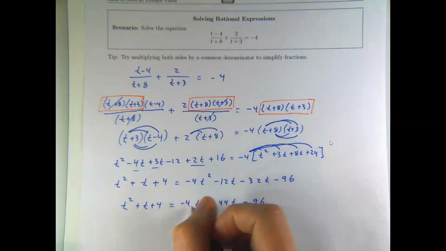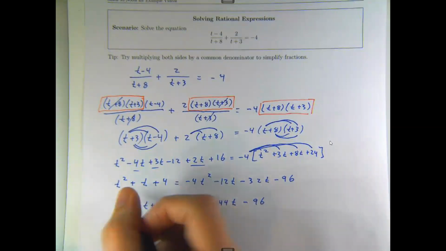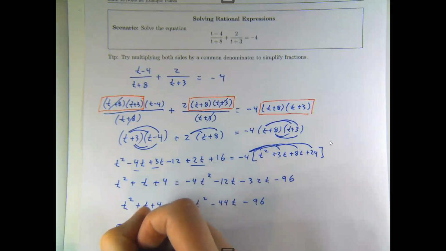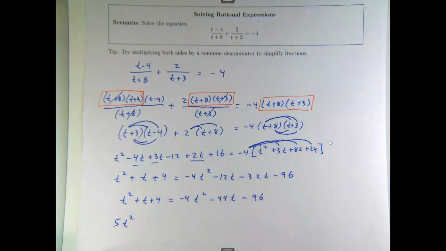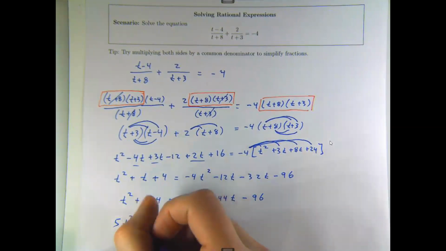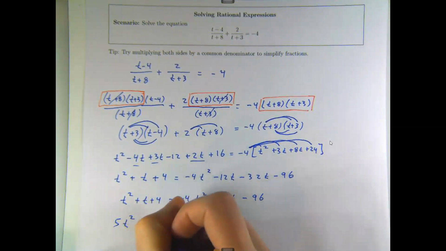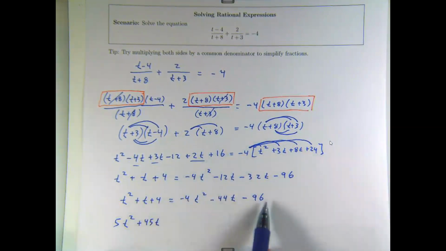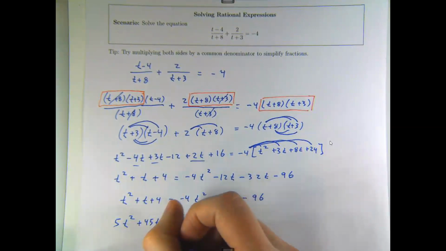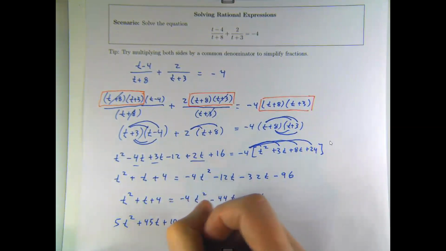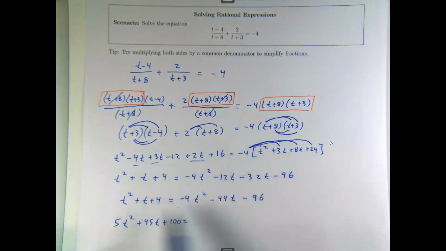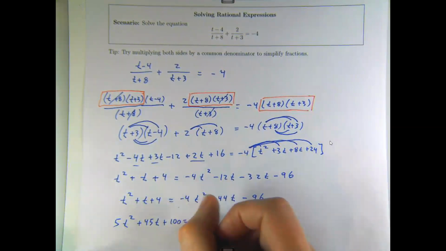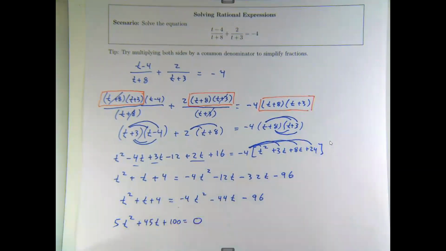So I'm going to add 4t squared to this existing t squared. That's going to give me 5 of those t squareds. I'm going to add 44t to my 1t. That's going to give me 45t. I'm going to add 96 to the 4 to give me 100. So I've added all of these pieces over. I have nothing left on the right side. This is equal to 0.